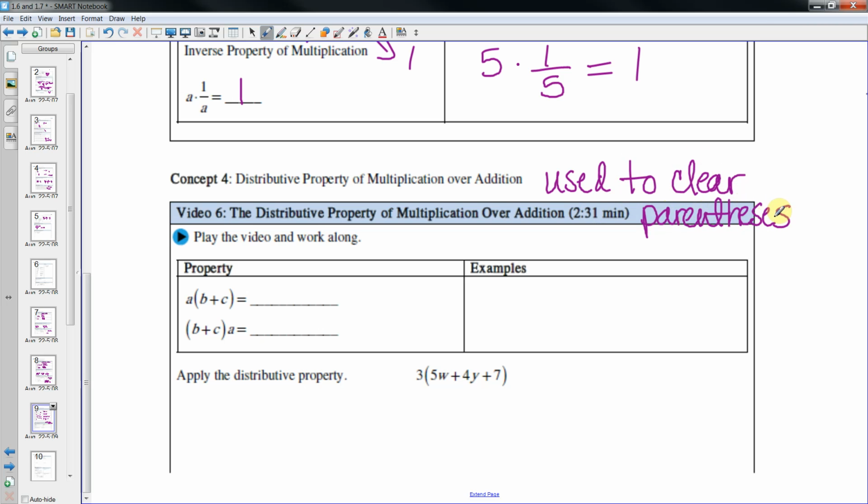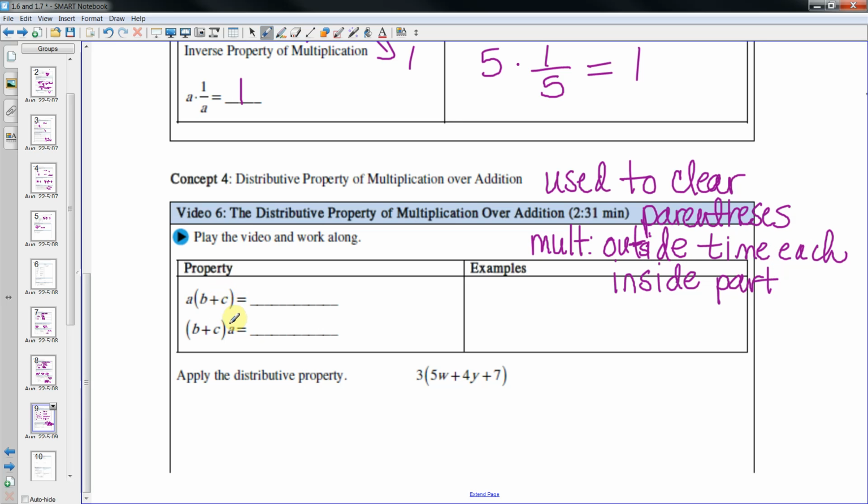And what you're doing when you're doing distributive property is you're multiplying the outside times each inside part. So if you've got A times B plus C.